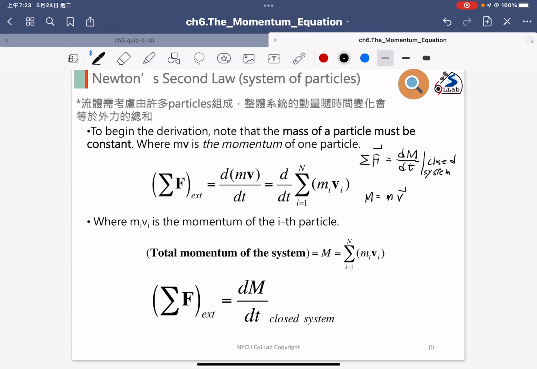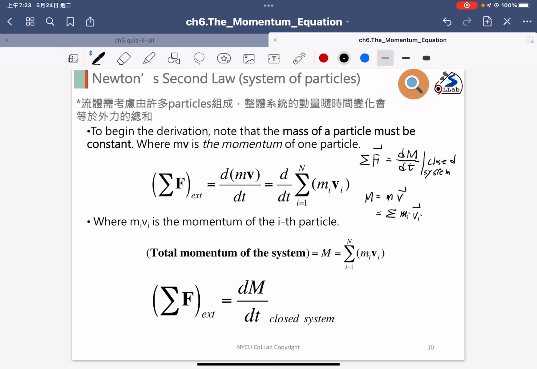And then if we consider a system that includes many fluid particles, we need to use the sum of m_i v_i. Different particles i have different velocities, and we sum all of the momenta in the system.